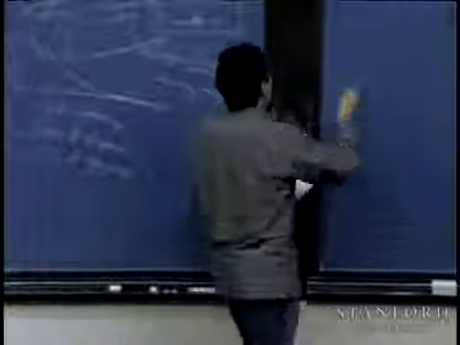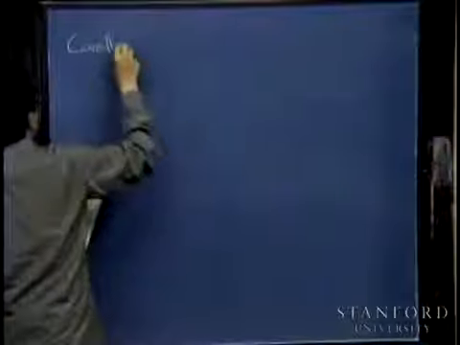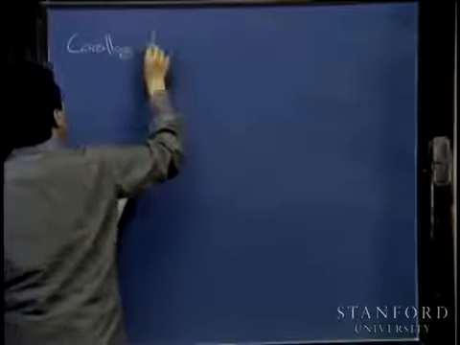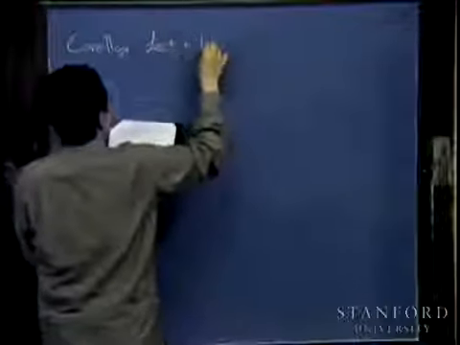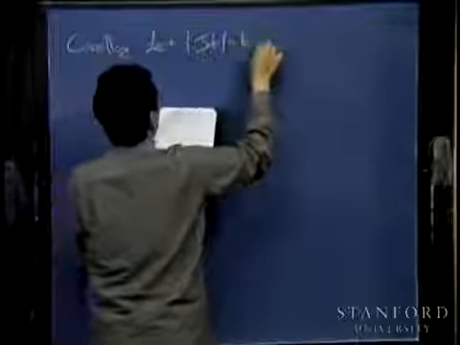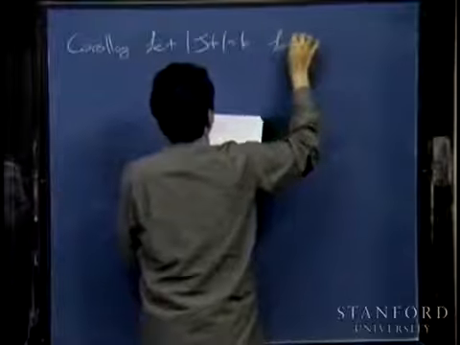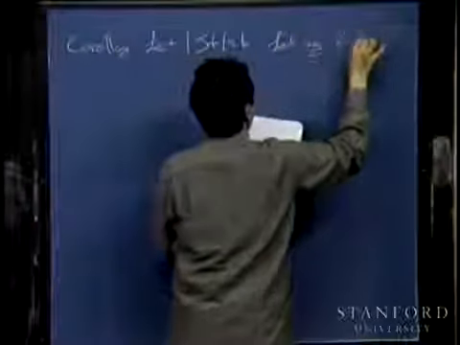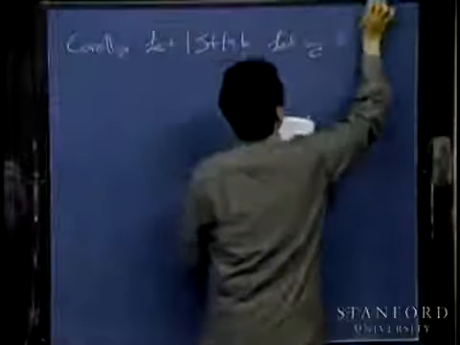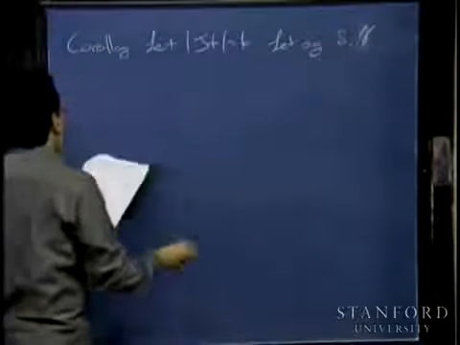If you do that, you get the following corollary. Let H be fixed with k hypotheses, and let any delta and gamma be fixed.